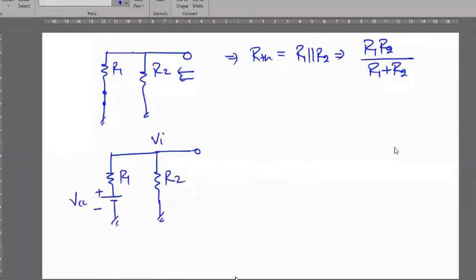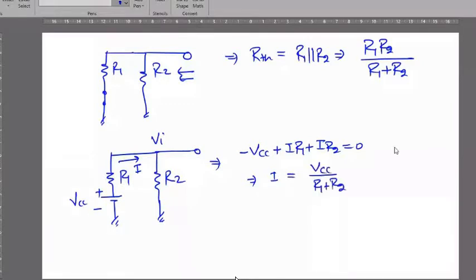If I say this current is I, then I can apply KVL: minus VCC plus IR1 plus IR2 equals 0. In that case I equals VCC over R1 plus R2.